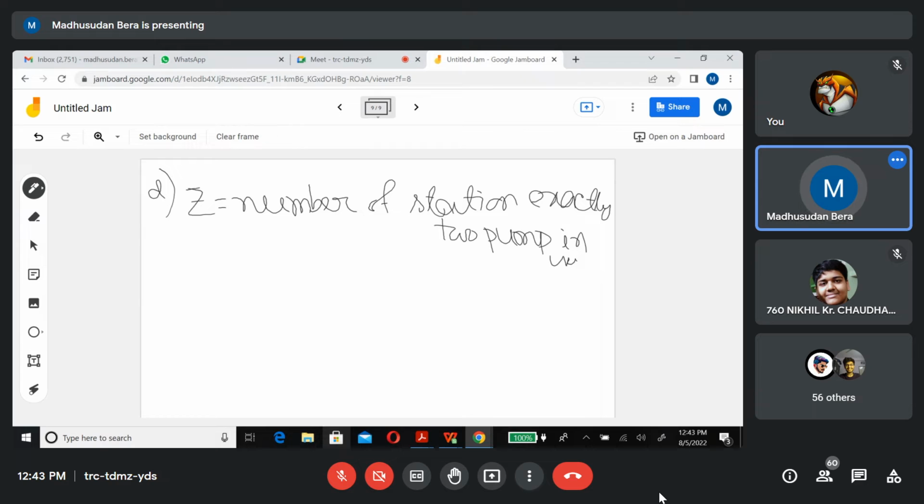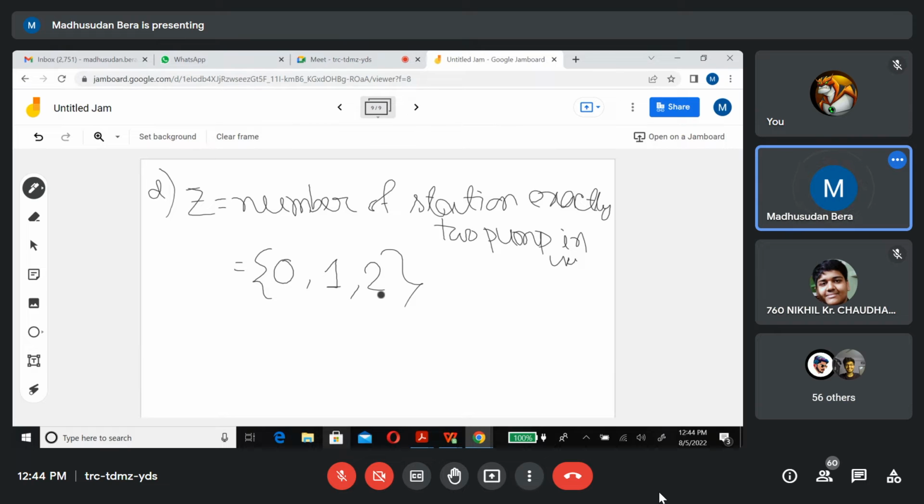Now we have to see both the stations exactly 2 pumps are not working. That case value will be 0. Exactly one station, exactly 2 pumps working, 1, then 2. This is our Z value. Station 1 has 2 pumps working and station 2 has 2 pumps working, that case value is 2.